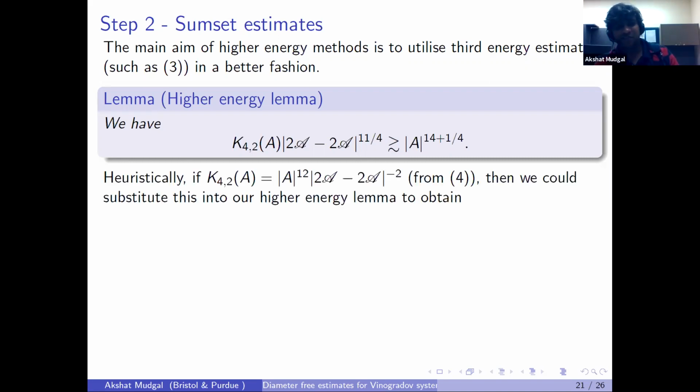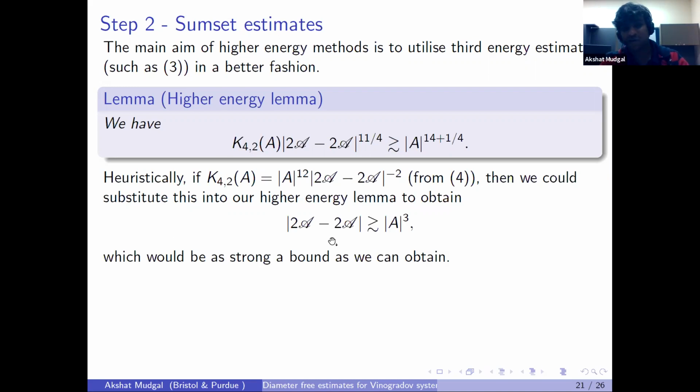And just for a moment, if you assume that Cauchy-Schwarz was sharp, as in if equality held in the Cauchy-Schwarz inequality for the third energy, then I could plug this into the higher energy lemma to get 2A minus 2A is as big as A cubed, which is in fact as big as we could get, because you could imagine A can be 1, 2, 3 till N. So the trivial upper bound for 2A minus 2A is just N cubed. So we can already see that the higher energy arguments are a much more strengthened version of the Cauchy-Schwarz lemma.